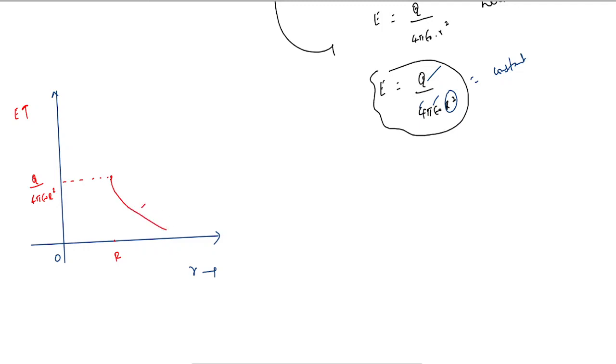The variation here is proportional to 1 by r square. This is the meaning of the proportional symbol. It's a falling curve, it falls very rapidly, not a straight line.